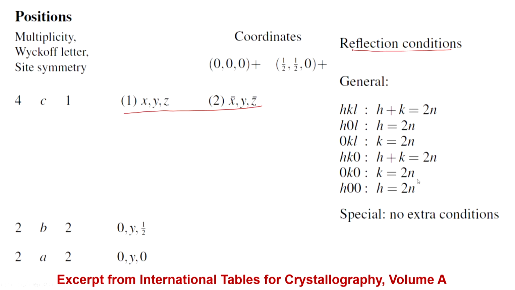So, here you can see this clearly: x, y, z, due to rotation minus x, y, minus z, add 0, 0, 0 and add half half 0 to both of these positions and one will get a total of 4. So, in addition to x, y, z and minus x, y, minus z, I will also get x plus half, y plus half, z, and minus x, written as x bar, plus half, y plus half, and z bar. Let us try to analyze this.